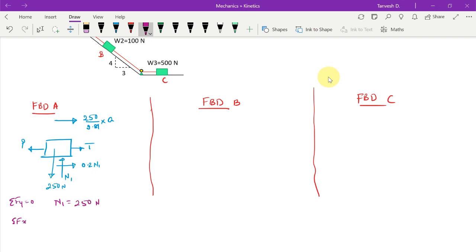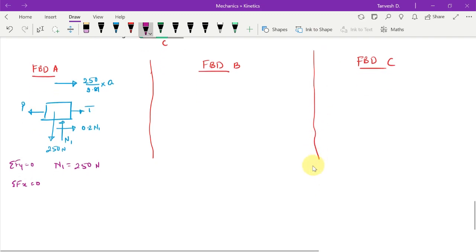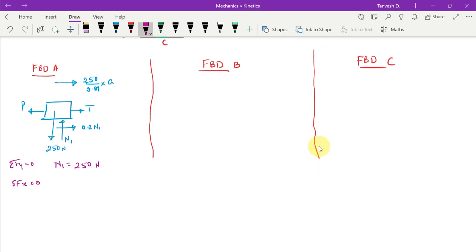Summation Fx equals to 0 will give you what? These three forces are acting in one direction and P is acting on the other direction. So it will give you P is equal to 250 by 9.81 A plus T plus 0.2 times 250, which is equal to 50, right? So this is one equation that we have got.